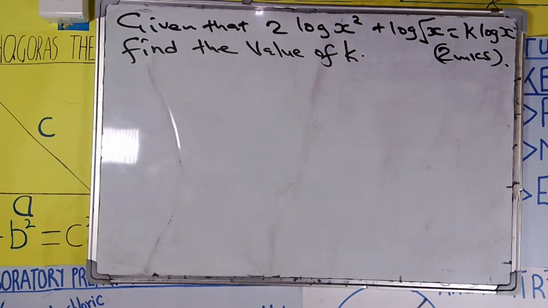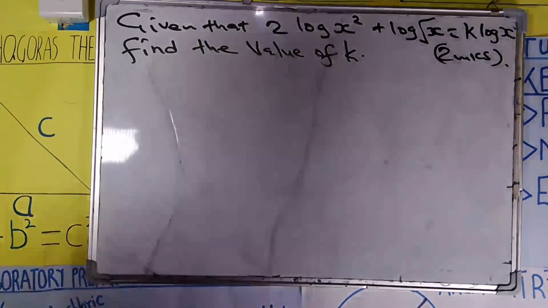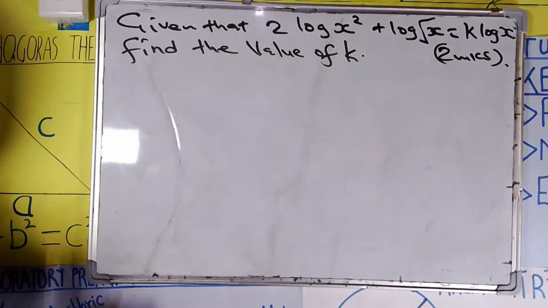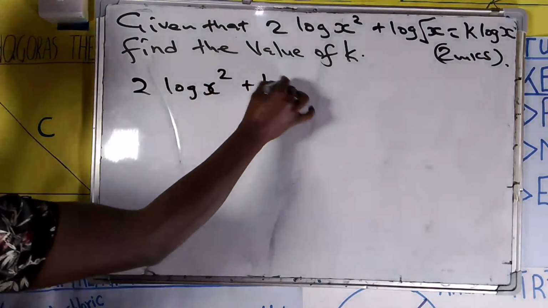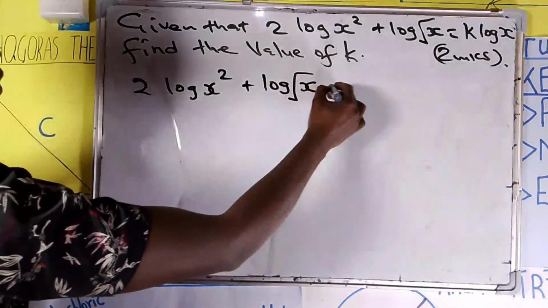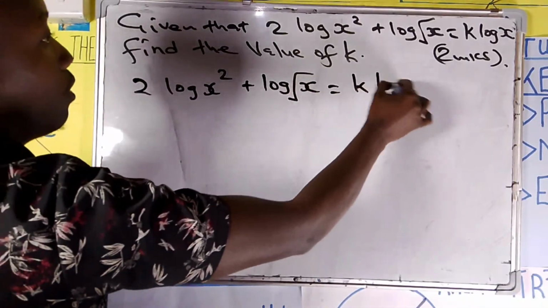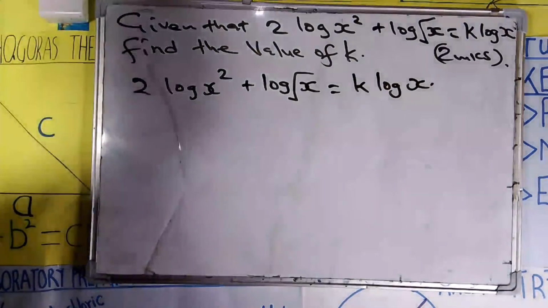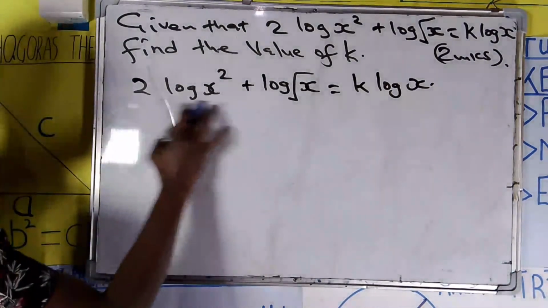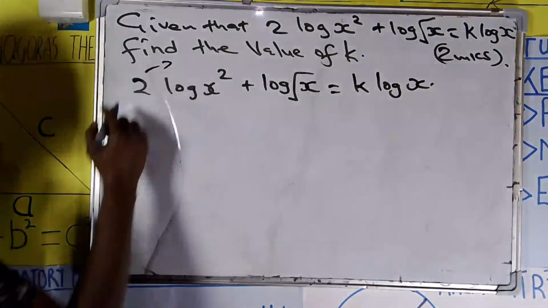Are you done? Let's do it together. So 2 log x squared plus log of the square root of x is equal to k log x. So don't forget the law of logarithm. We said the power comes down.